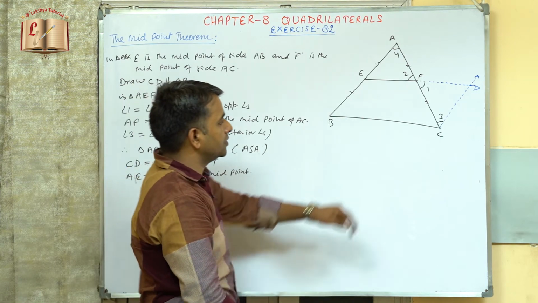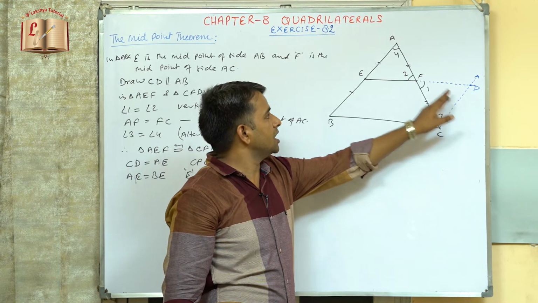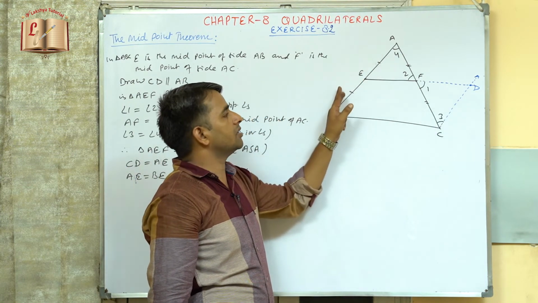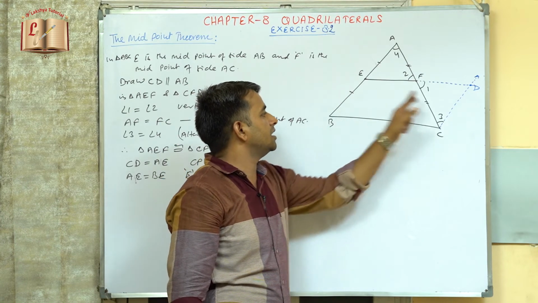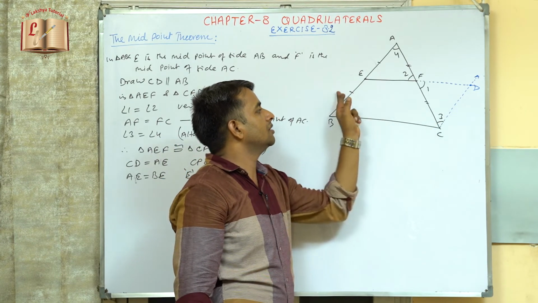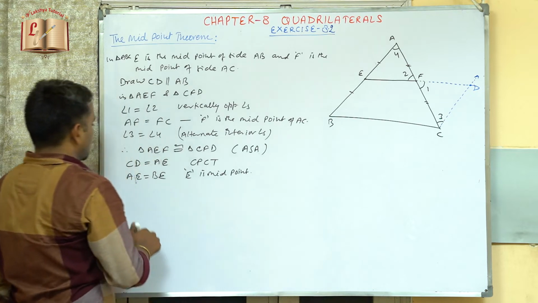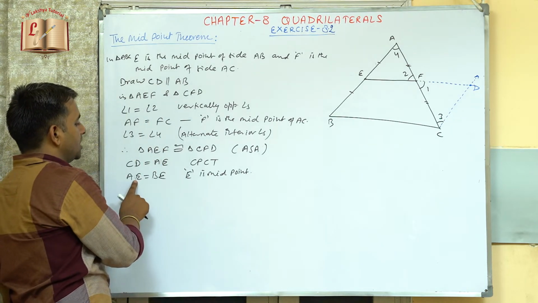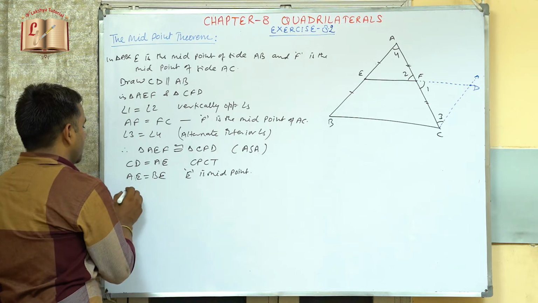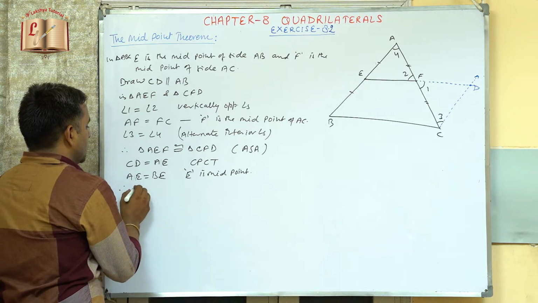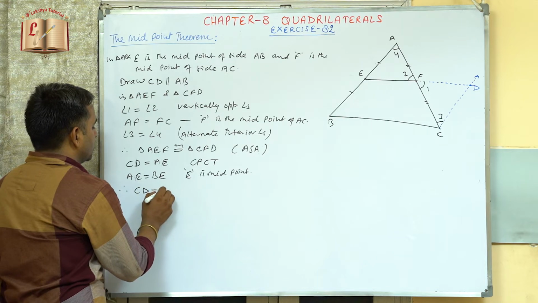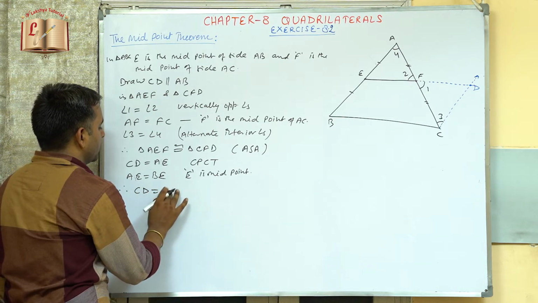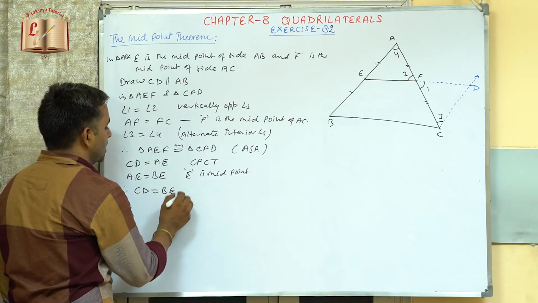Now see that this CD is equal to this side and this is equal to this side. Now I can say that these two sides are also equal. So CD is equal to AE and AE is equal to BE. Therefore CD is equal to BE.